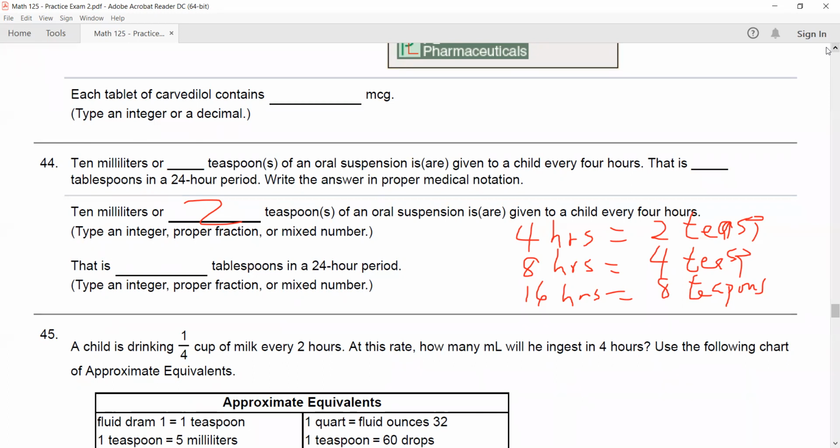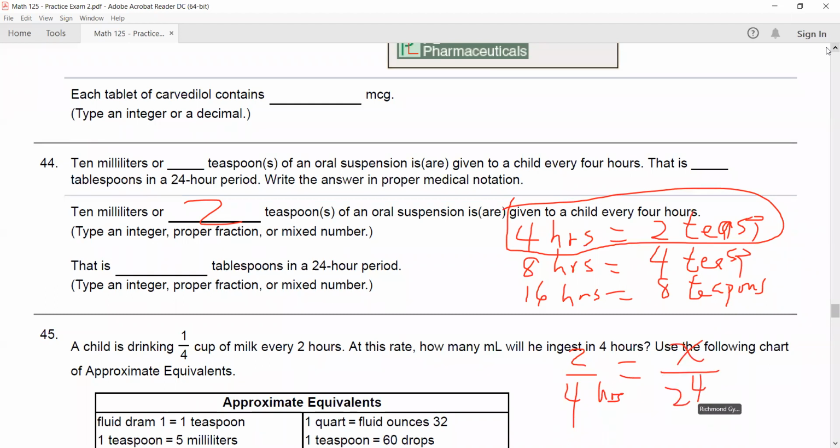But you could create a proportion for this as well. We know that 2 teaspoons every 4 hours, 2 over 4 equals, remember the bottom is the hours, X teaspoons for 24 hours. Now you cross multiply, which makes life easy for you. 4 times X is 4X.